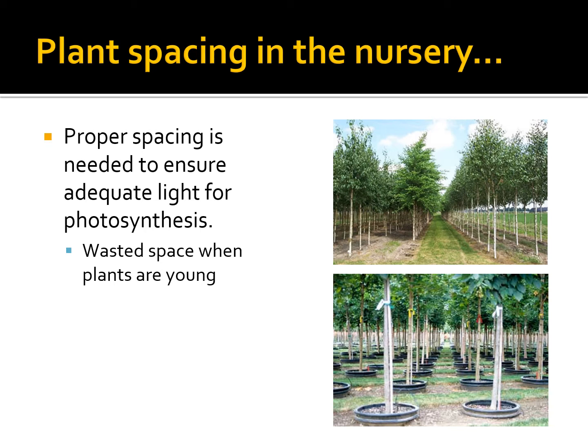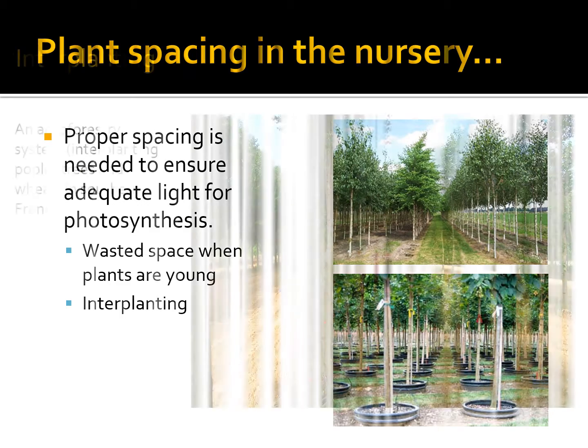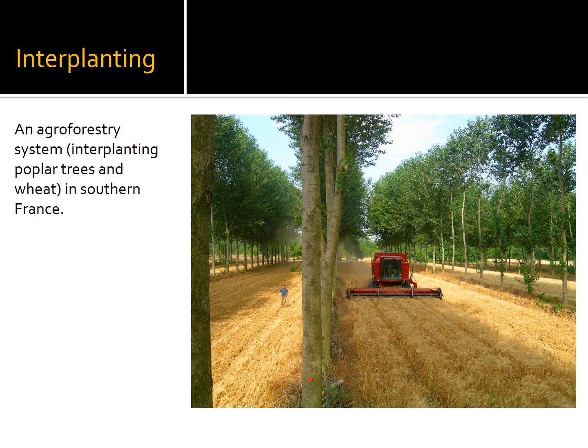There is something called interplanting, and I want to show you an example of interplanting that comes from southern France. Here's a picture that I found on the internet. This is called agroforestry, so agro from agriculture and forestry, the production of timber. We're interplanting poplar trees and wheat.